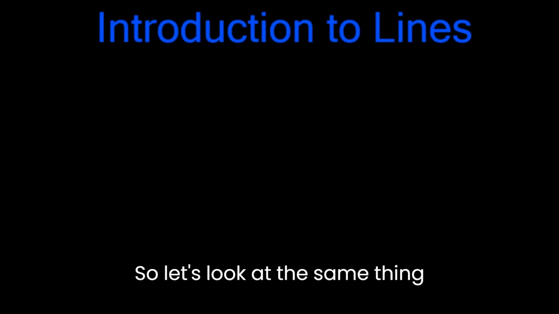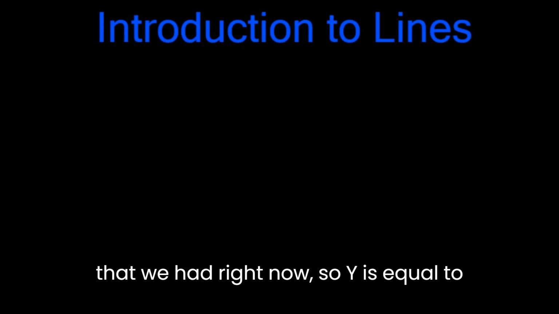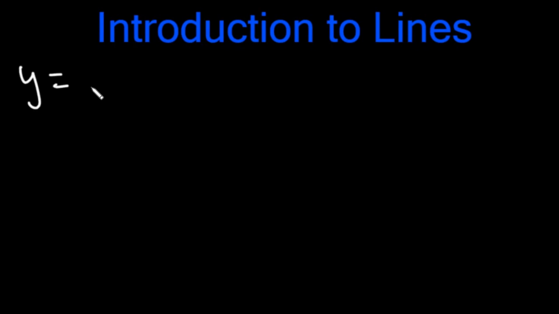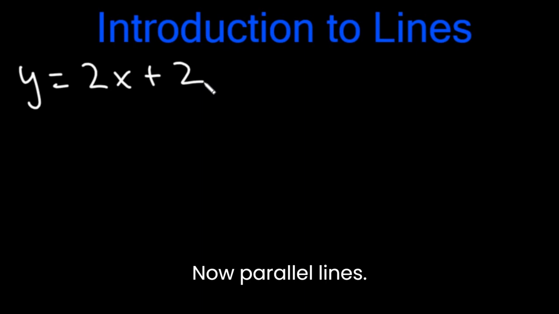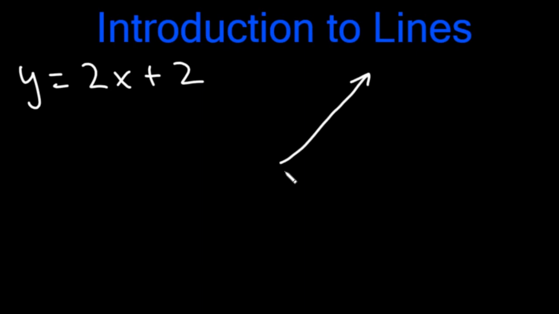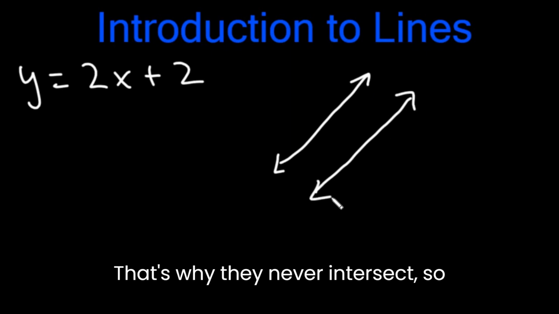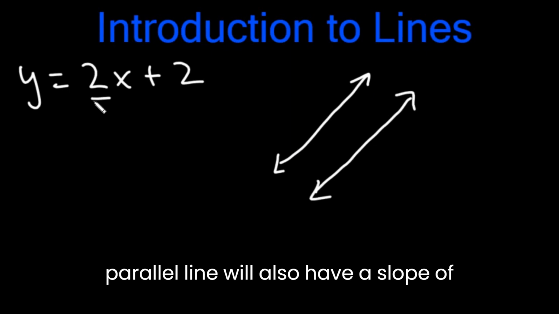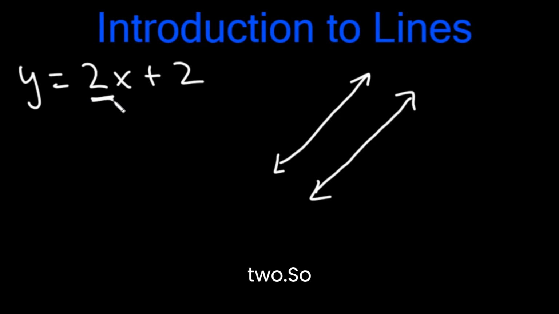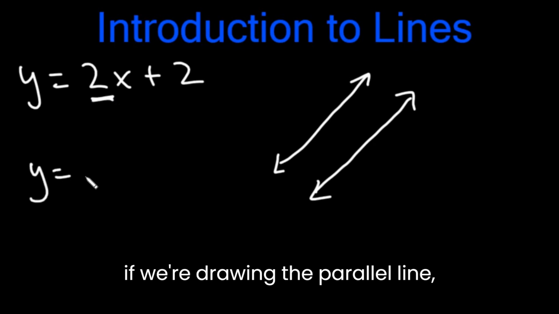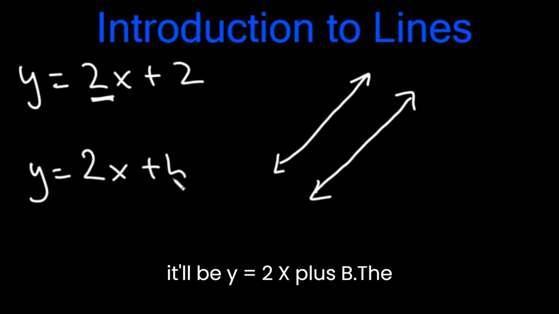So let's look at the same thing that we had right now. y is equal to 2x plus 2. Now, parallel lines have the same slope. That's why they never intersect. So a parallel line will also have a slope of 2. So if we're drawing the parallel line, it'll be y equals 2x plus b.